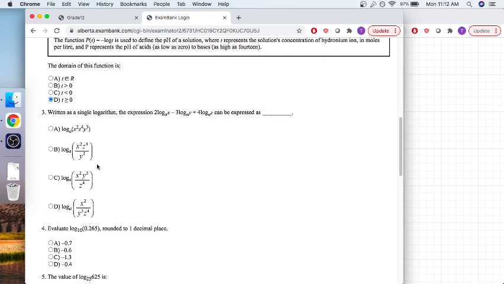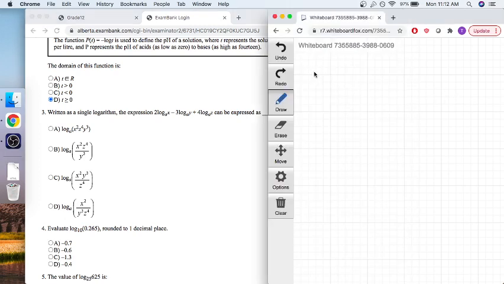Written as a single logarithm, the expression 2 log a x minus 3 log a y plus 4 log a z is going to be, okay, log a x squared minus log a y cubed plus log a z to the fourth.